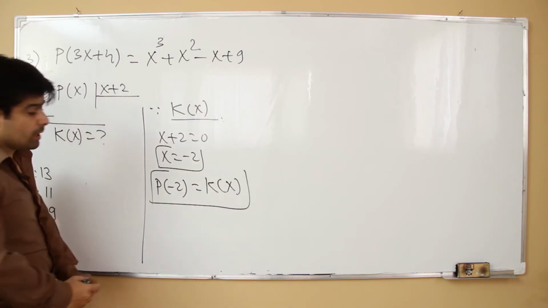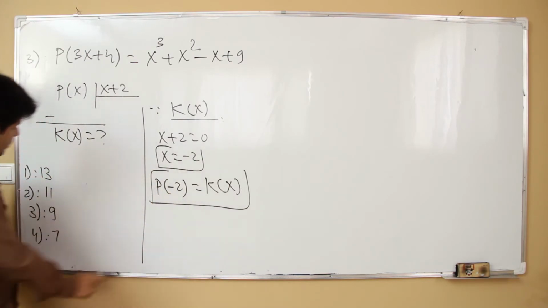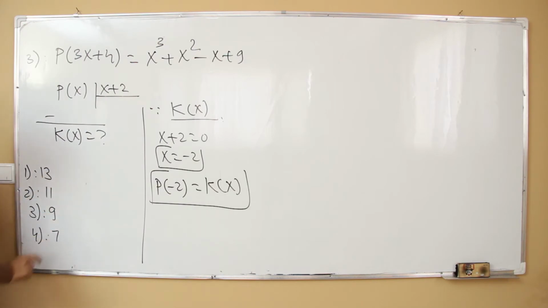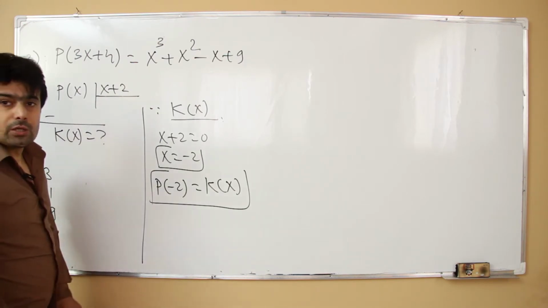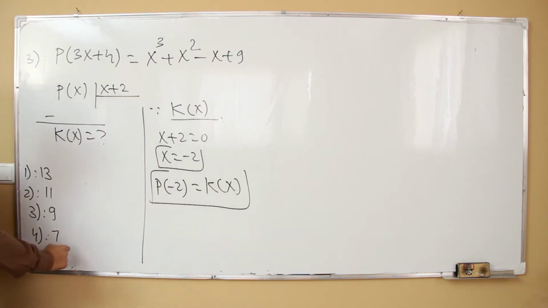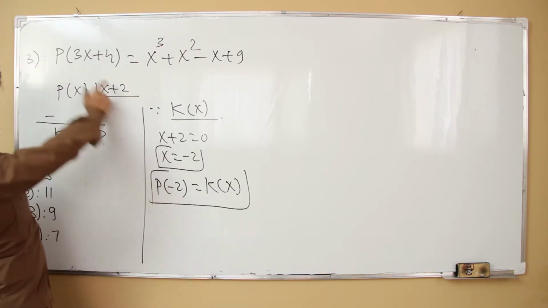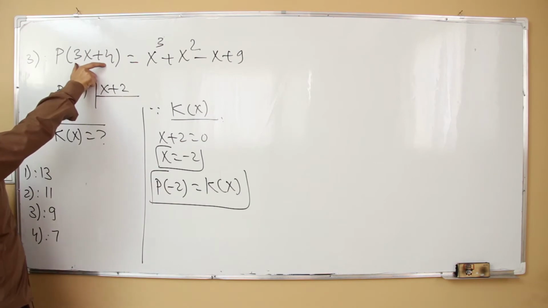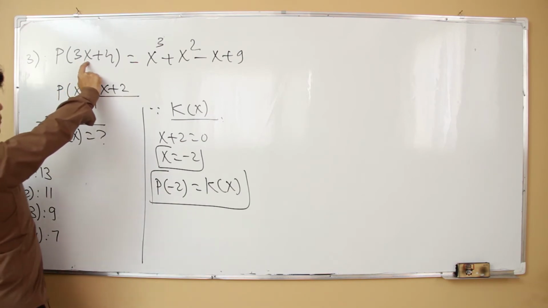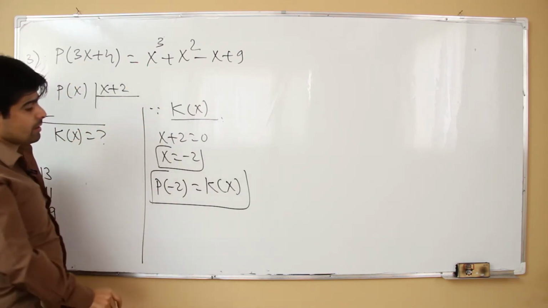Now here p minus 2 is not the answer. The answers are constant numbers. So you have to set p of this expression equal to p minus 2.